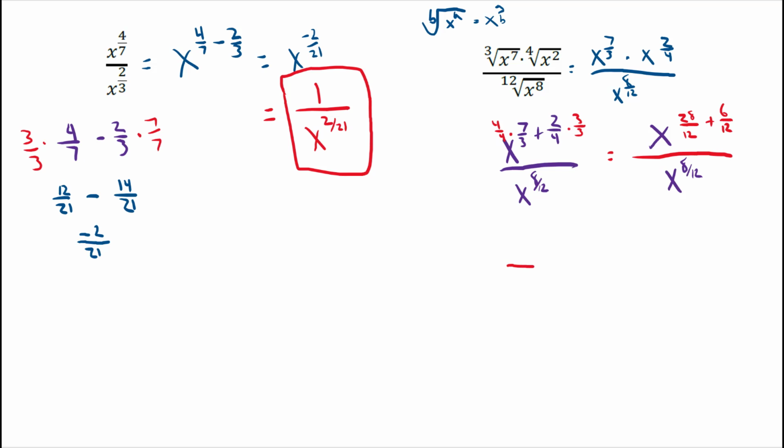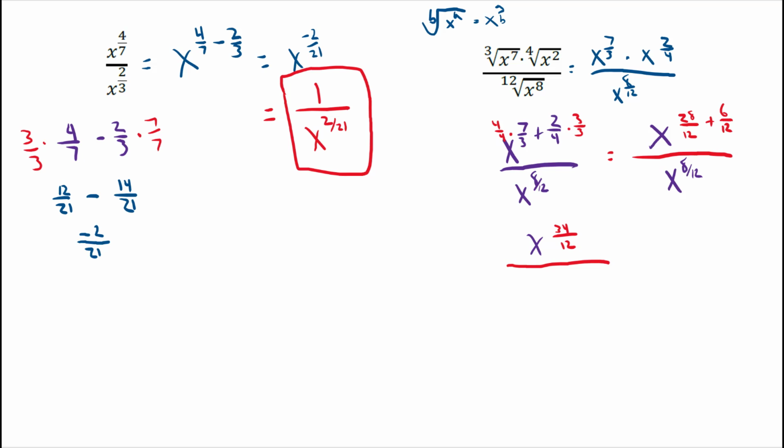Okay, so now let's take care of that top fraction, the numerator. We still have an x up here, and now 28 plus 6 is going to give me 34, so we got 34, and that's still all over 12.